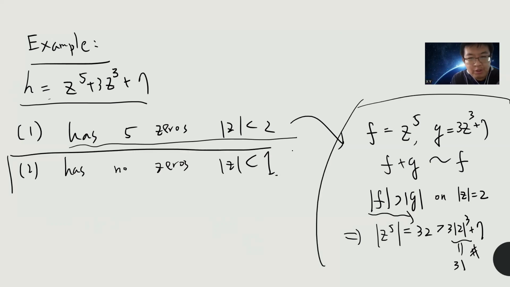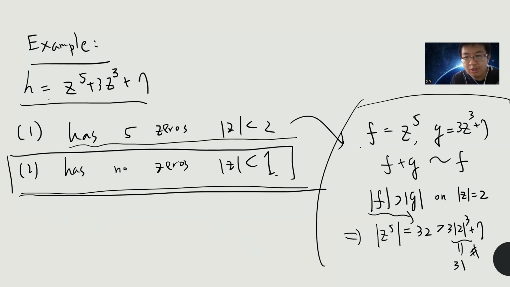And then for this part, we want to do the same thing, but it has no zeros in |z| less than 1. So I should take f to be 7, and g to be z to the 5 plus 3z cubed.